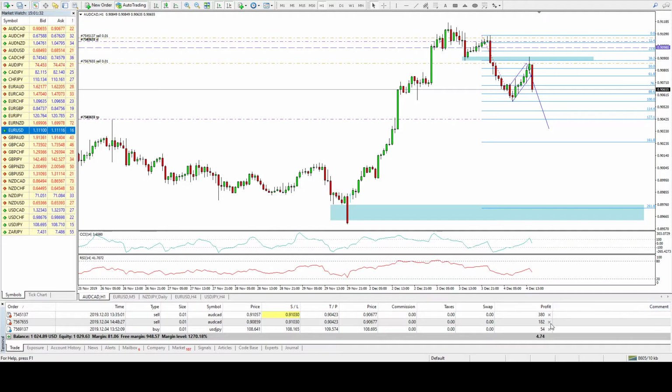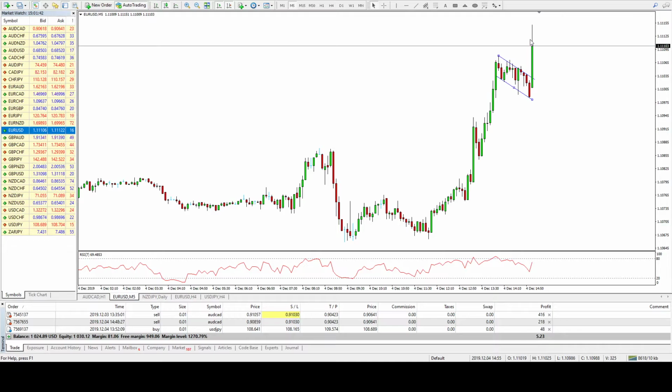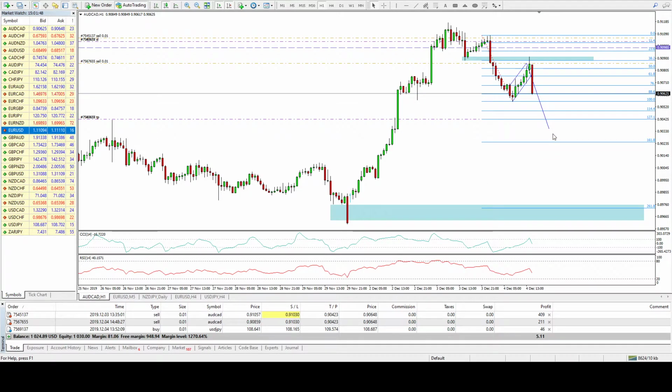That's good. Let's see what happened to Yen dollar. The Yen dollar is doing okay too. And Euro USD, it broke through. Okay. Aussie CAD is doing all right. I'm trailing Aussie CAD with 40 pips.